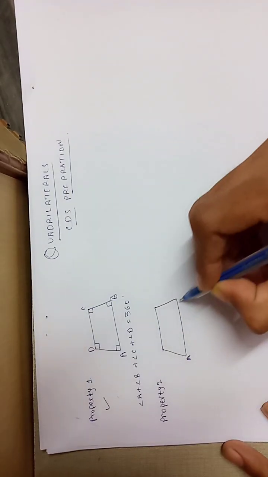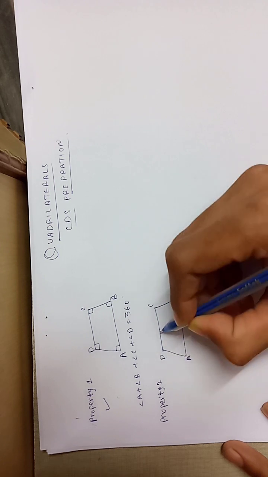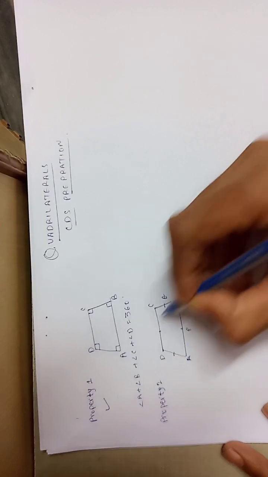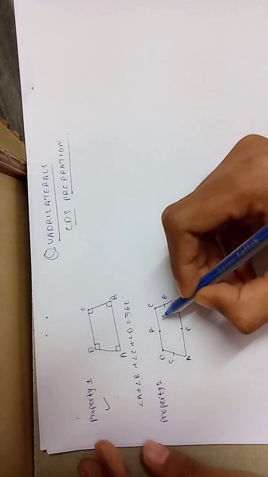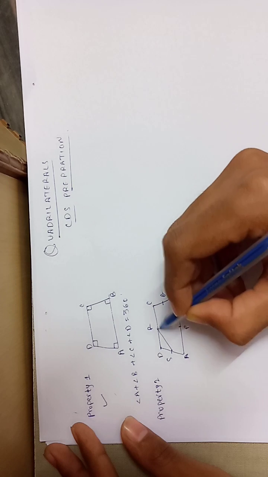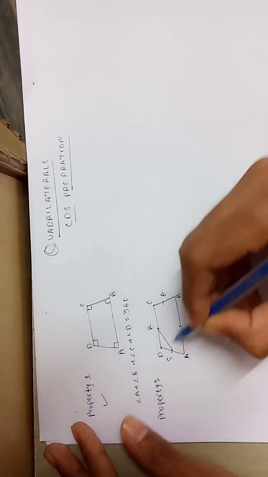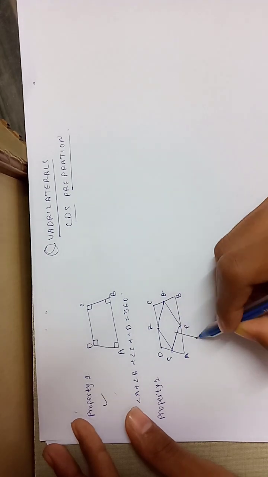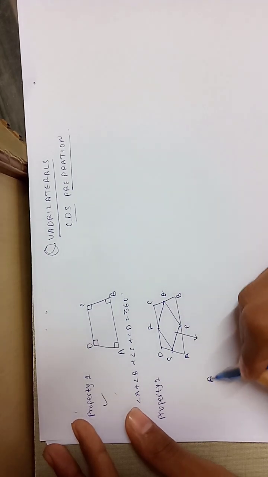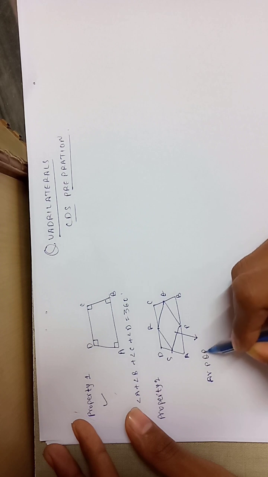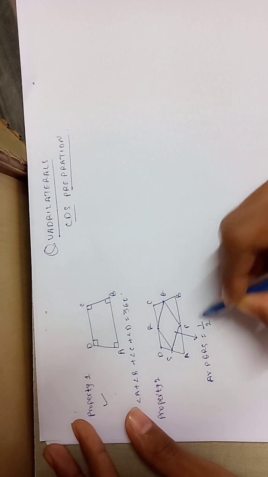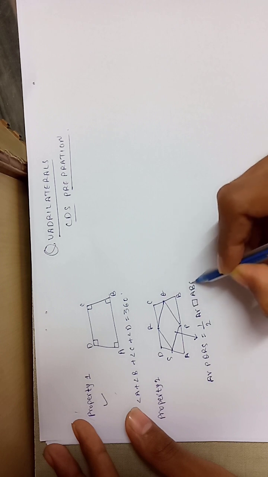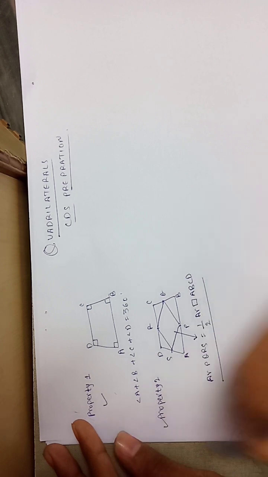Now if we name it A, B, C, D, and if P, Q, R, S are the midpoints of the sides AB, BC, CD and DA, and we join these midpoints, then the quadrilateral formed inside, PQRS, will have half the area of quadrilateral ABCD. This is property number 2.